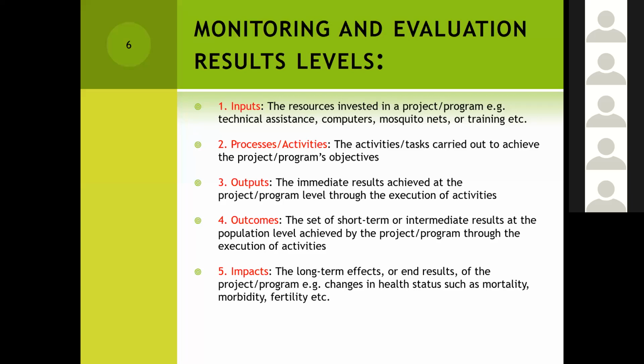The inputs simply refer to the resources that are invested in a project or program. For example, is it technical assistance, computers, mosquito nets, or training? Those are some of the common inputs that we find in most projects.